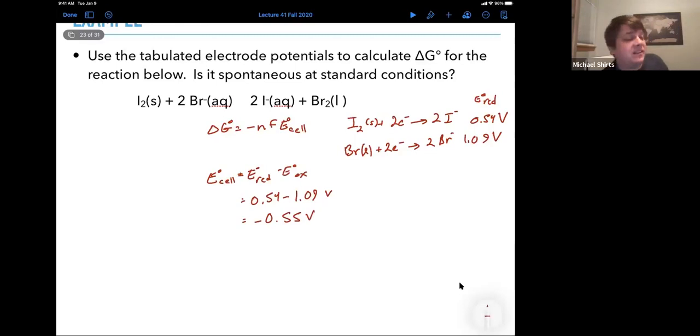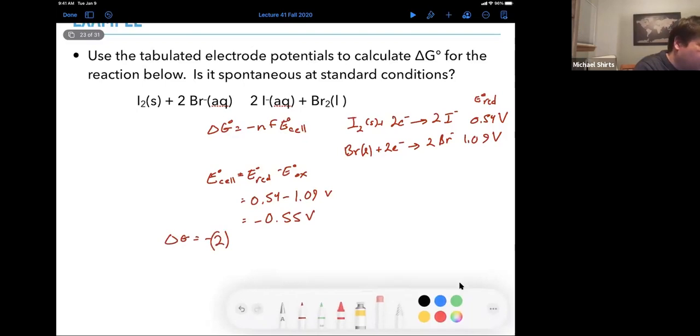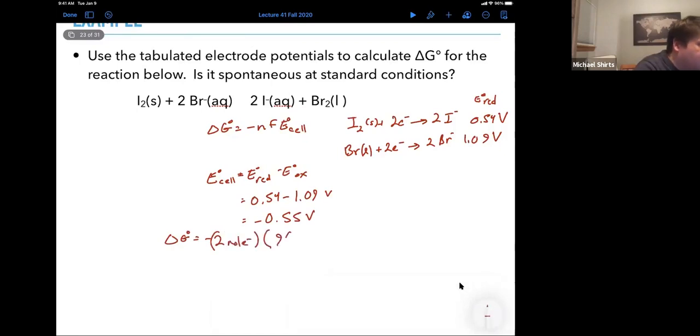We don't even need to calculate the delta G to figure that out, but let's actually go through and figure out the delta G. So we have delta G is equal to minus 2. Aha, so in this case, 2 electrons are transferred, so we have to multiply by 2. So that's essentially saying that in 1 mole of this reaction, we have 2 moles of electrons, times Faraday's constant, 96,485 coulombs per mole of electrons.